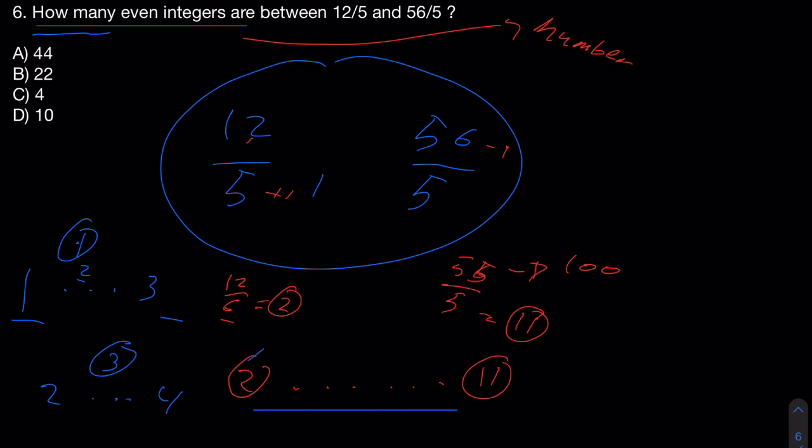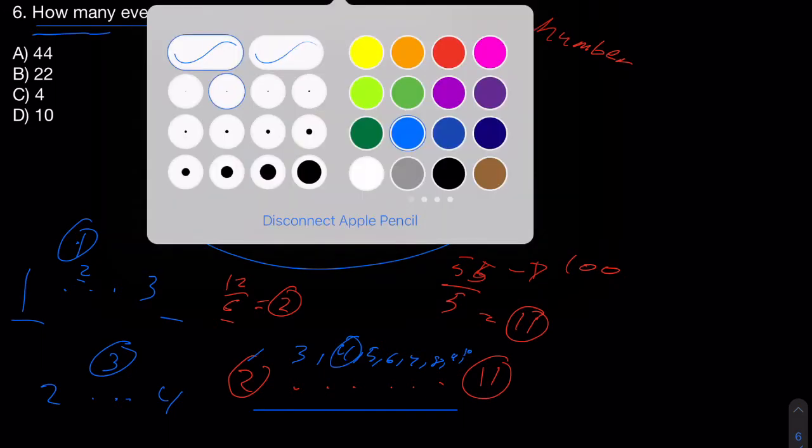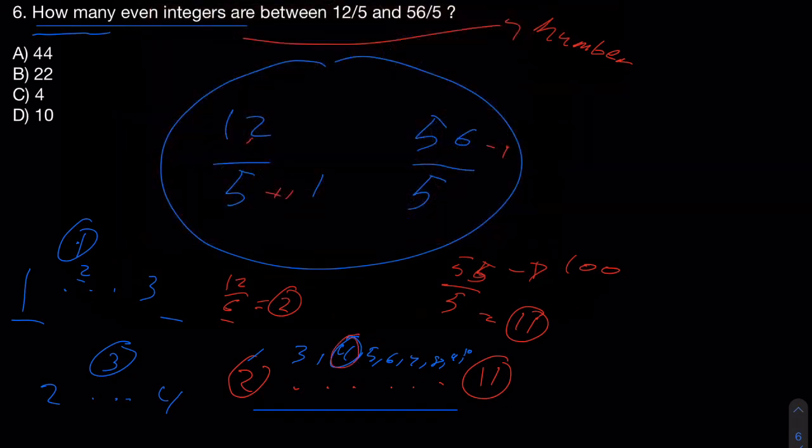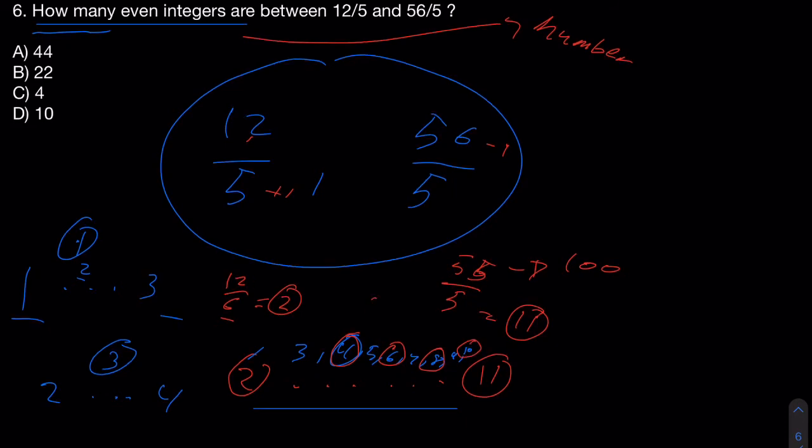So you keep going: 3, 4, 5, 6, 7, 8, 9, 10. So let's see, we have 4, that's an even number. 6 is an even number. 8 and 10. So that's 4 even integers between those two numbers.